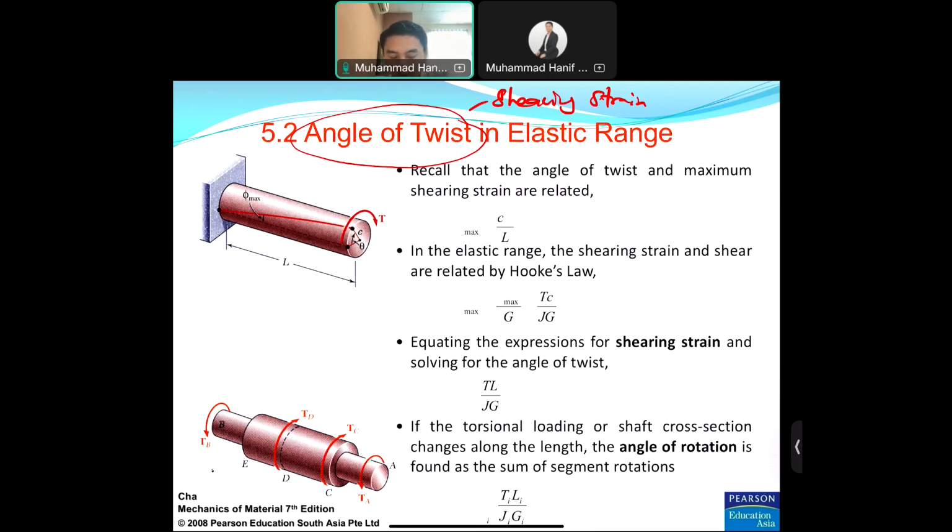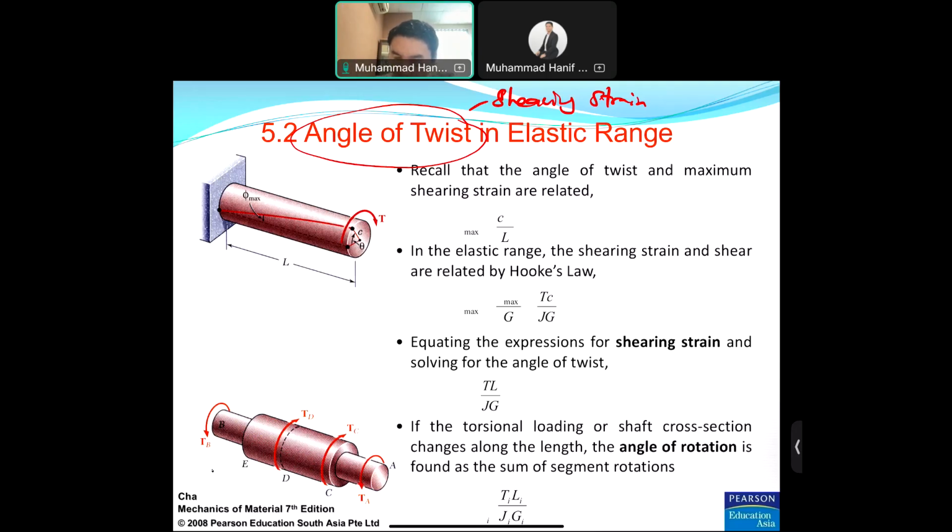The next one, in the elastic range, the shearing stress and the shear strain are related by Hooke's law. I've mentioned before, Hooke's law has many equations. For example, F equal to Kx. For example, sigma equal to E epsilon.